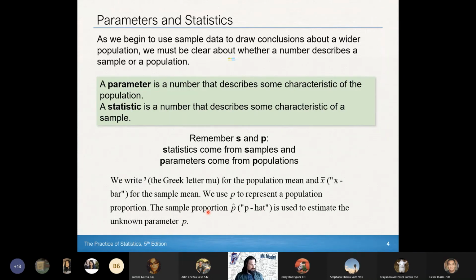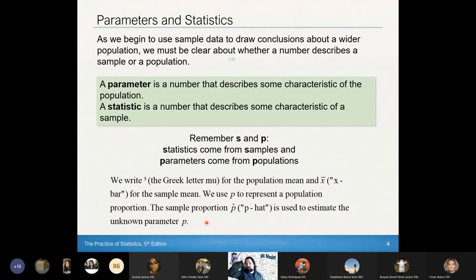The sample proportion, P hat, is used to estimate the unknown parameter P. So if it's the proportion from a sample, it is simply an estimate for the unknown proportion of the population. This is because it might be impossible to know the exact proportion within a population, because possibly the population is just too huge.